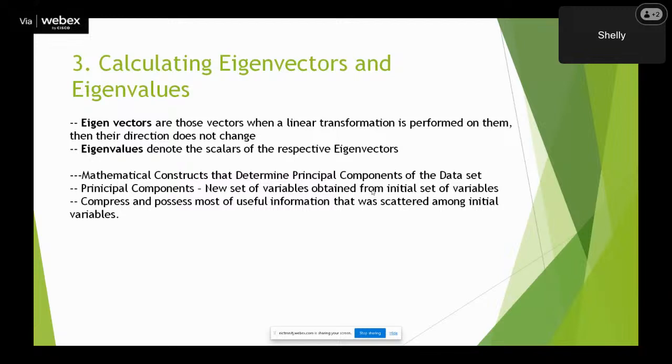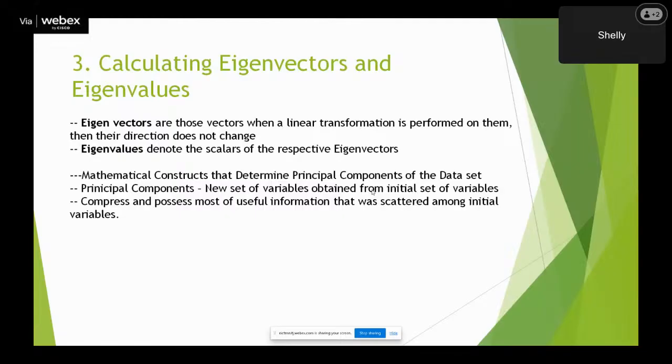Now, what are the principal components? The main goal of step number 3 is to use mathematical constructs such as eigenvectors and eigenvalues to determine the principal components. The question arises, what are the principal components of the data set? The principal components are the new set of variables obtained from the initial set of variables.